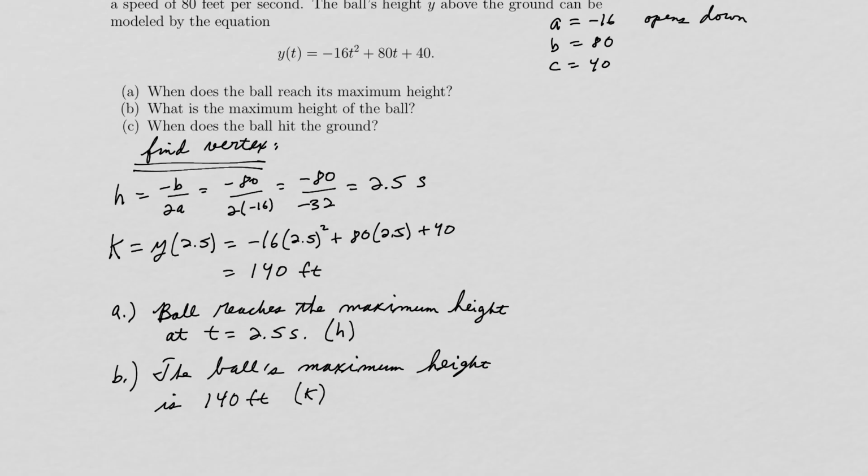So the vertex told us a lot of information. It told us when the ball reached the maximum height and then the actual maximum height.